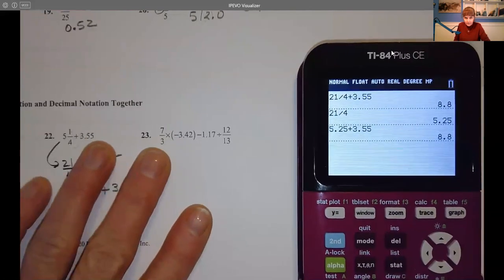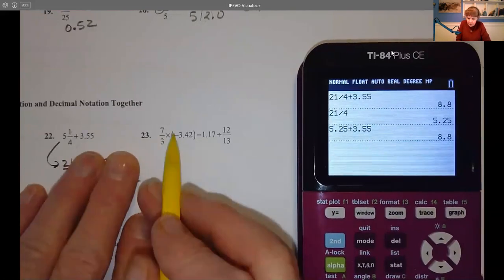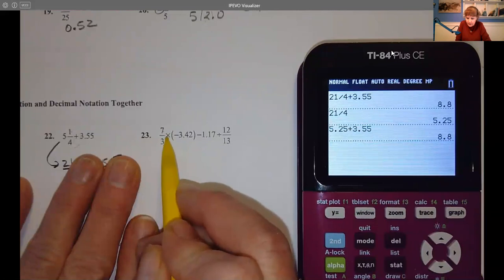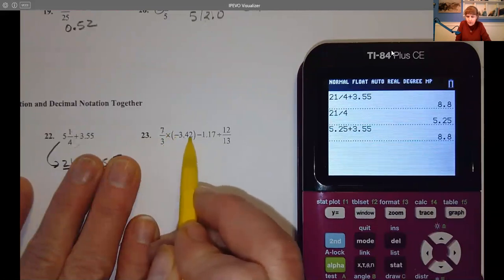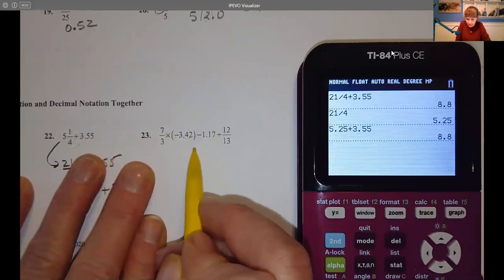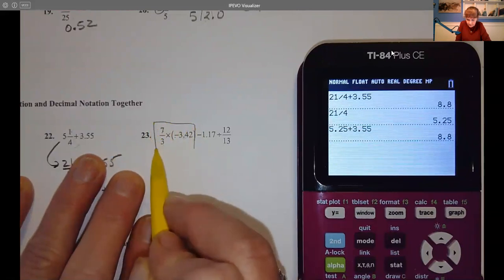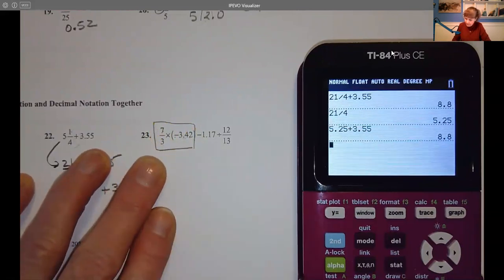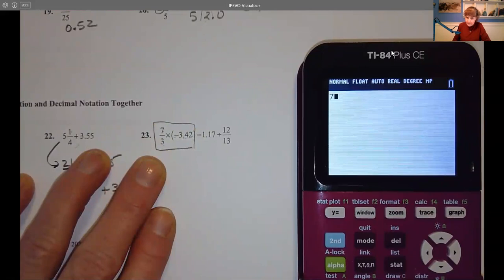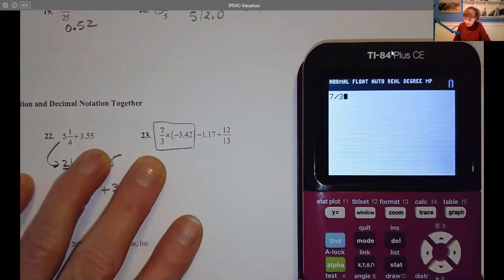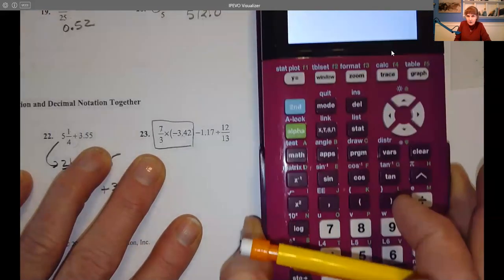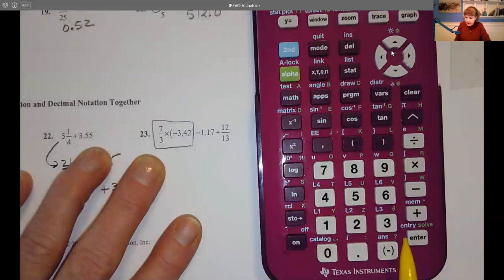Okay, to do this, you could take 7 divided by 3 times a -3.42. So you could find out what that is. Most calculators will do that. 7 divided by 3, then take that times negative. And I just want to caution you, the negative symbol is different than the subtraction symbol on calculators.